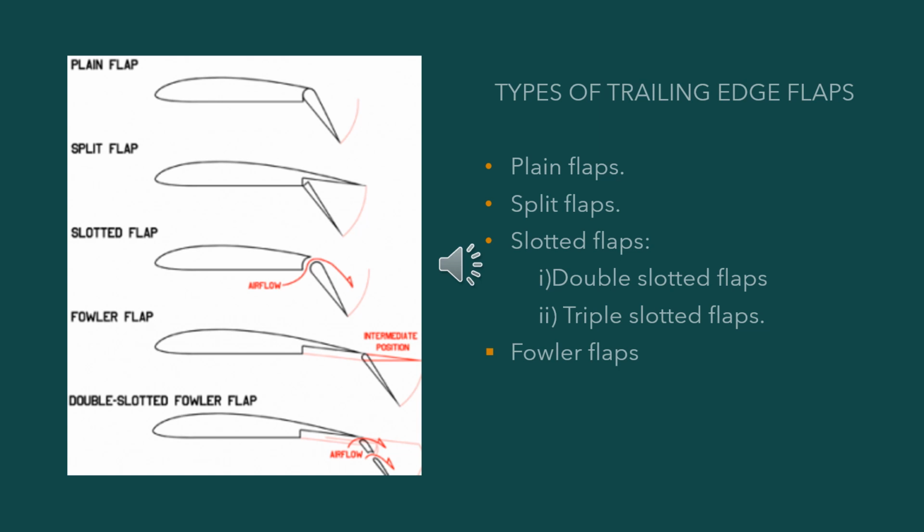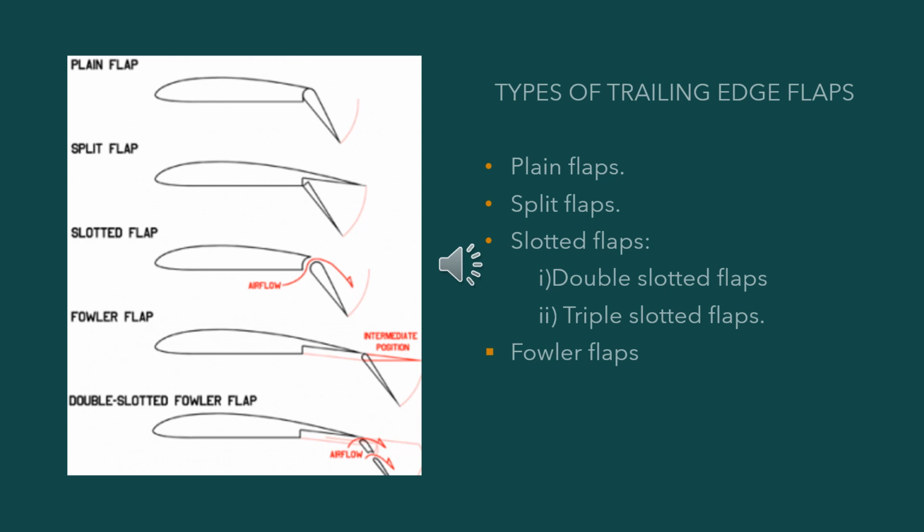Next is slotted flaps. There are two types, double slotted flaps and triple slotted flaps. Slotted flaps can be found on both small and large aircraft. They increase wing camber like other flaps, and when extended, they open a slot between the wing and the flap.